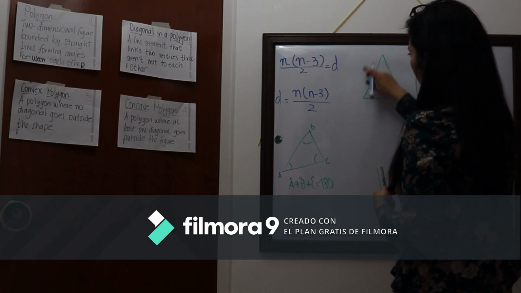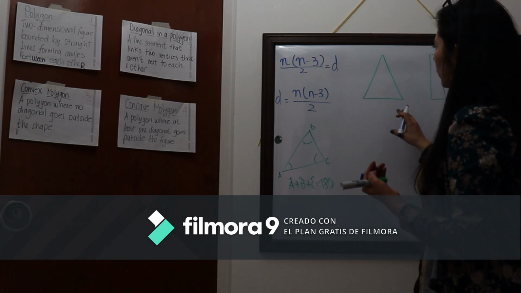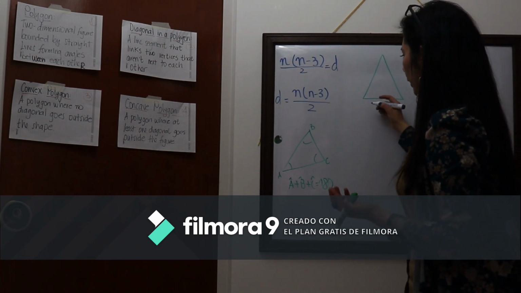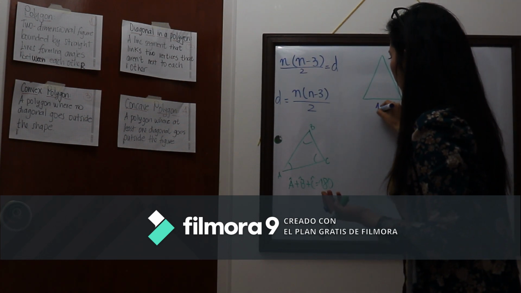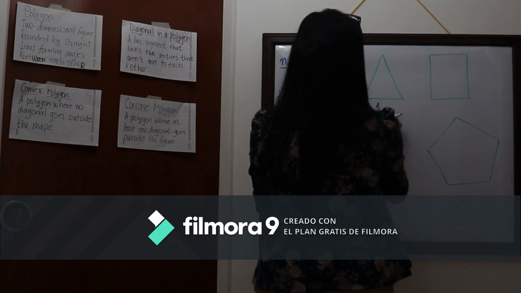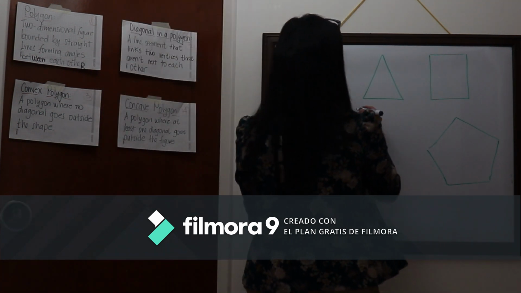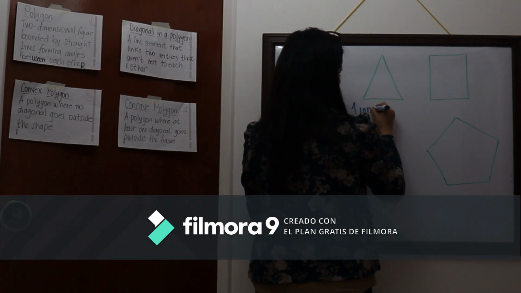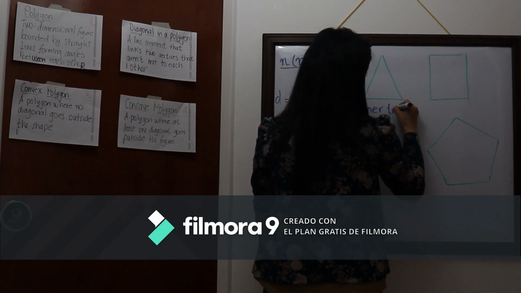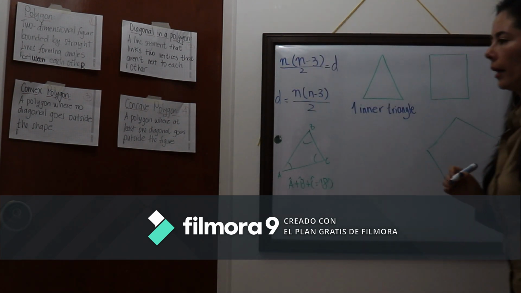So, again, can I have diagonals here? No. If I cannot have diagonals here, that means that the only triangle I'm going to get is the triangle itself. So here, I'm only getting one triangle. I'm gonna say, in this case, one inner triangle is going to be the same as the triangle itself, right? Just because we cannot draw any diagonals.